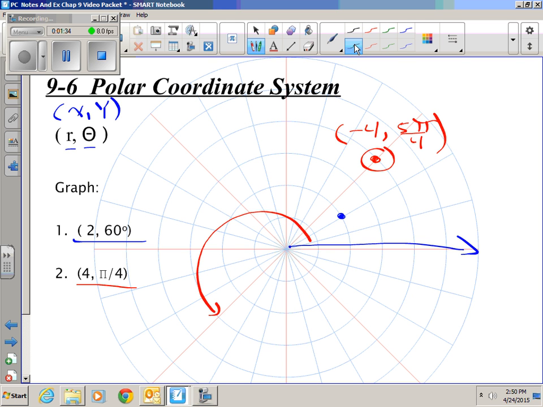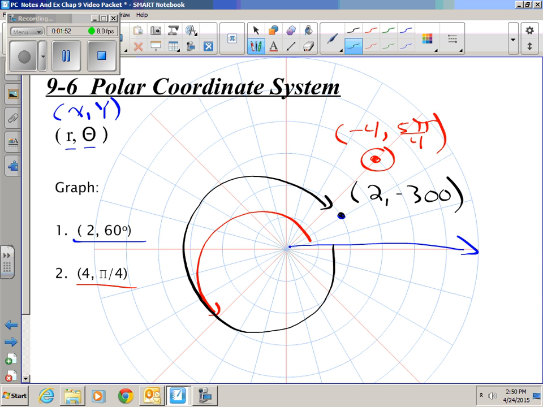This point right here could also be, if we wanted to, angle negative 300 with a radius of 2, so that could also be 2 comma negative 300. In fact, there's an infinite number of ordered pairs that we could name for each polar coordinate.